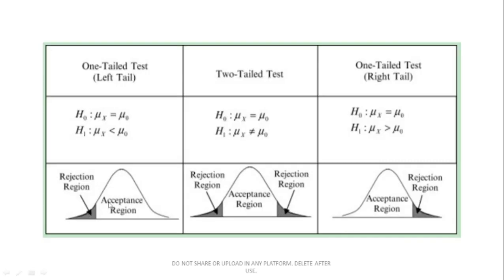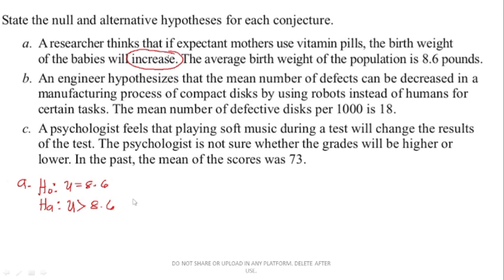So, this is a right-tailed test, because we have the word increase. When we have the word increase or decrease, we can only use either a left-tailed or a right-tailed test. So in this case, letter A is a right-tailed test. We state: the average weight of the population is greater than 8.6 pounds.